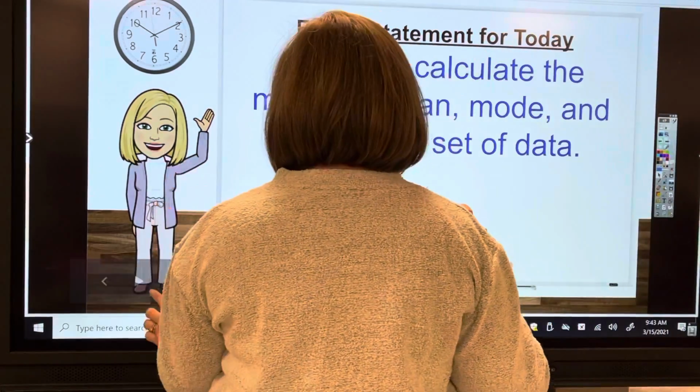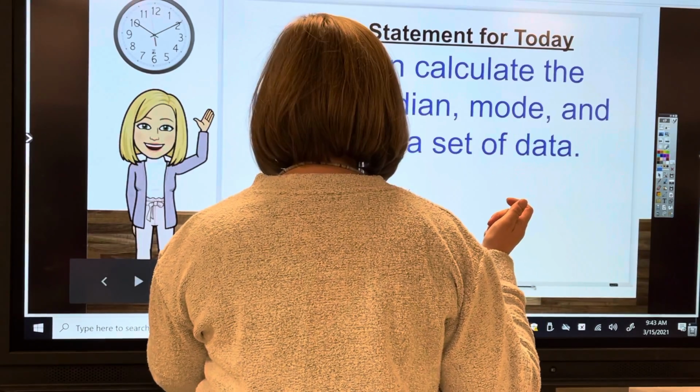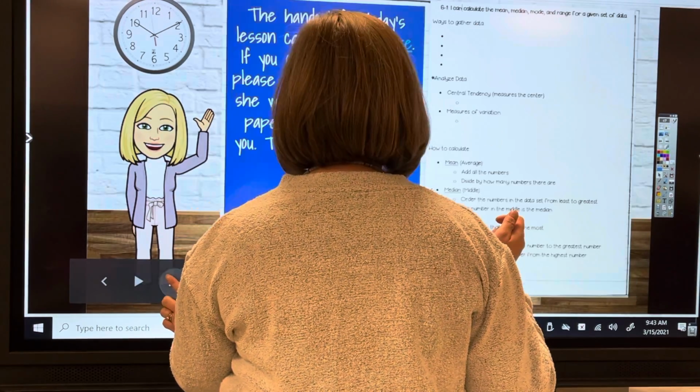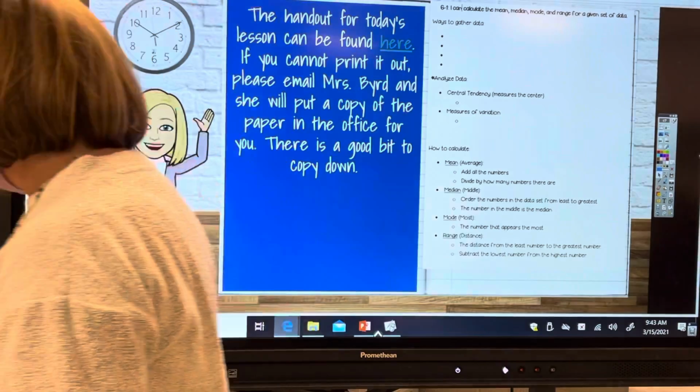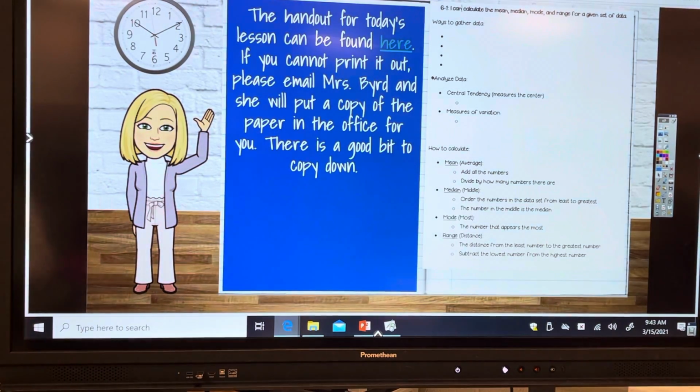So the first thing we've got to talk about is, how do you get this information? How do we get our data? There are several different ways that we can get our data.